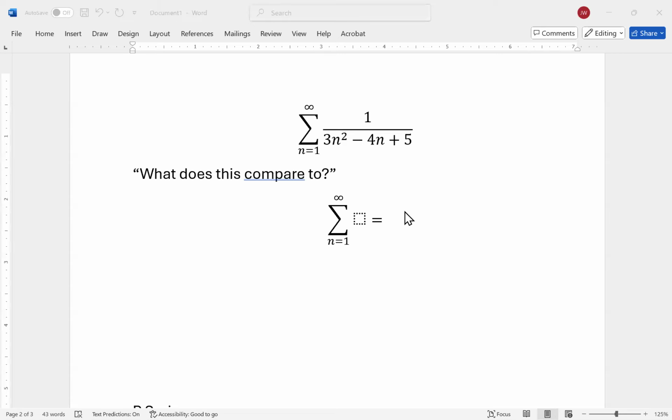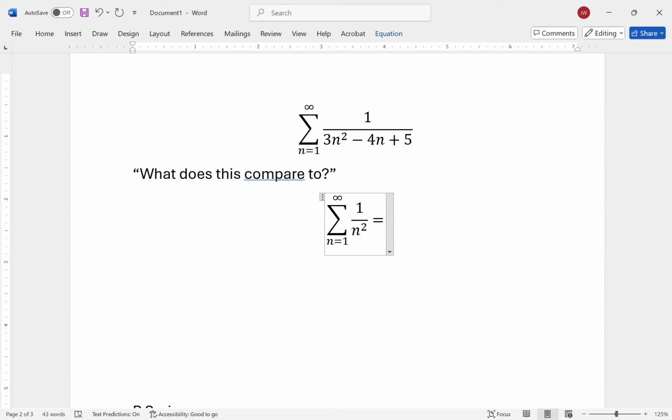As always, with either the direct comparison or with the limit comparison, the first thing I'm going to ask is, what does this infinite series compare to? In this case, the best infinite series to compare this to is 1 over n squared summed up from 1 to infinity.